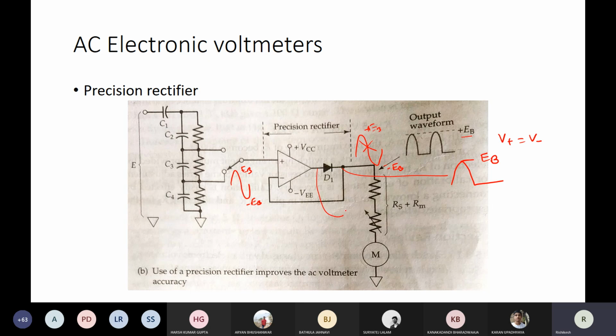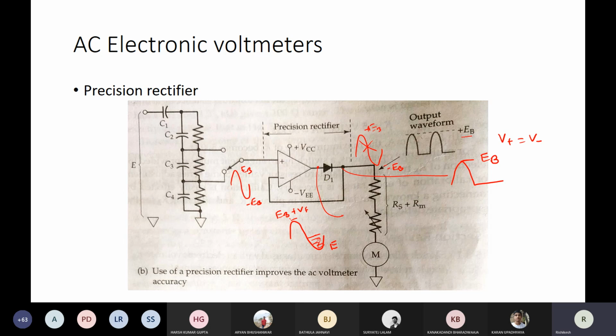Now tell me what is the voltage waveform at this node? With peak EB plus 0.7 maybe. Yes, so this is EB plus VF, and in fact the diode is not conducting on the other half.